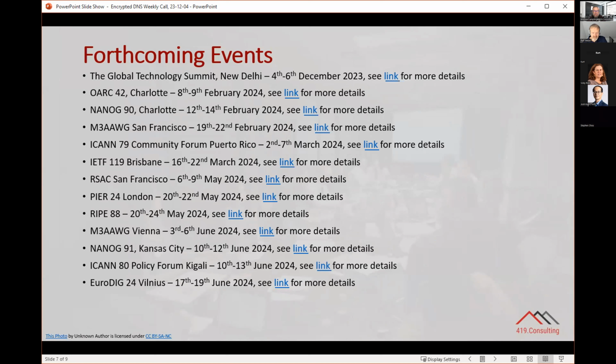But after that, the next one that I know of, certainly the next one I've got on my schedule, is OARC 42 in Charlotte. And you'll remember, we've had this discussion a couple of times, Nanog 90 has moved from the 3 days before OARC to be the 3 days the other side of the weekend, also in Charlotte.